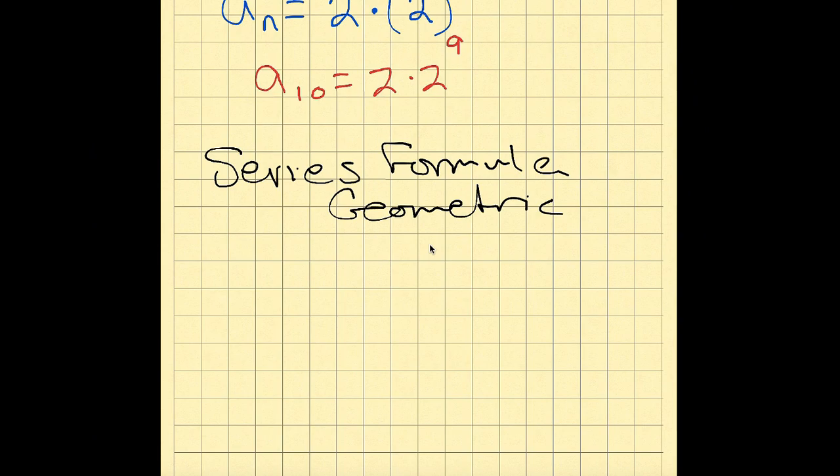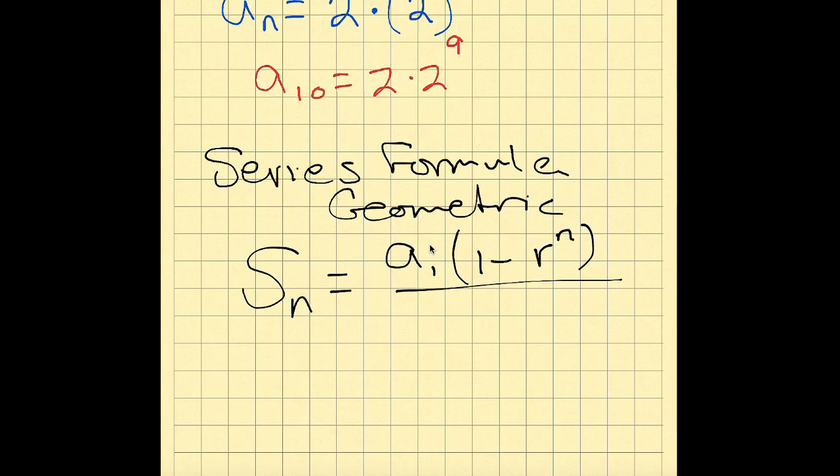You take the first term times 1 minus the common ratio to the nth power, divided by 1 minus the common ratio.